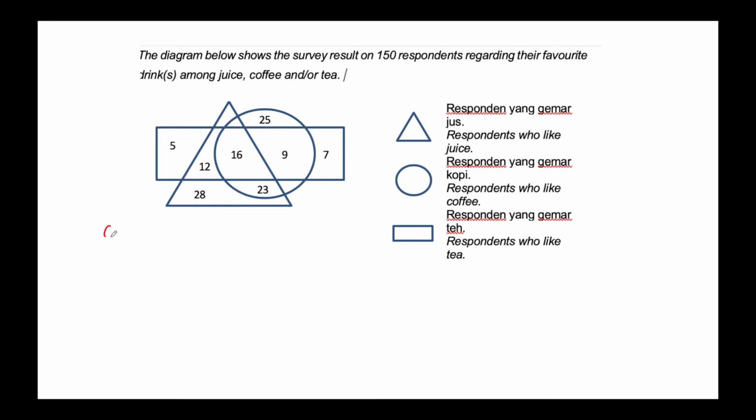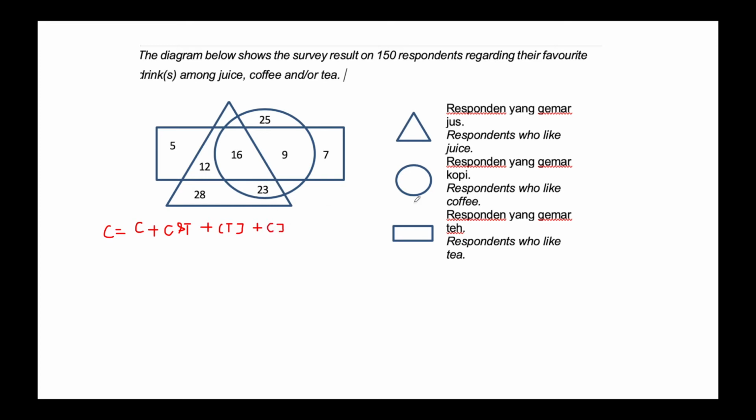For the coffee, there are categories for coffee only, respondents who love to have coffee and tea, respondents who love coffee and tea and also juice, and respondents who love to have coffee and juice.